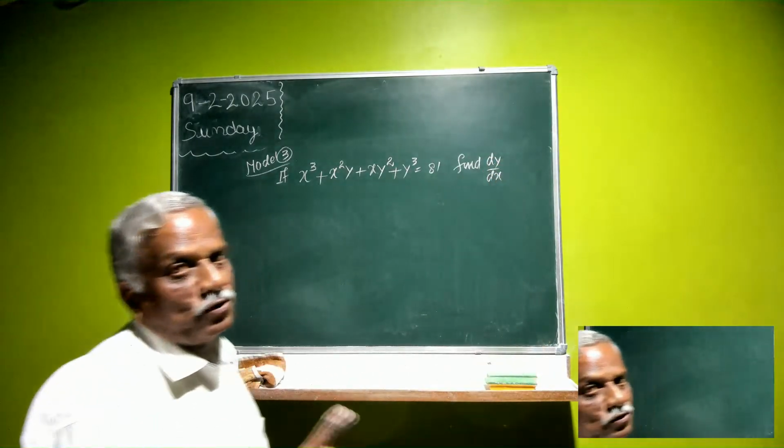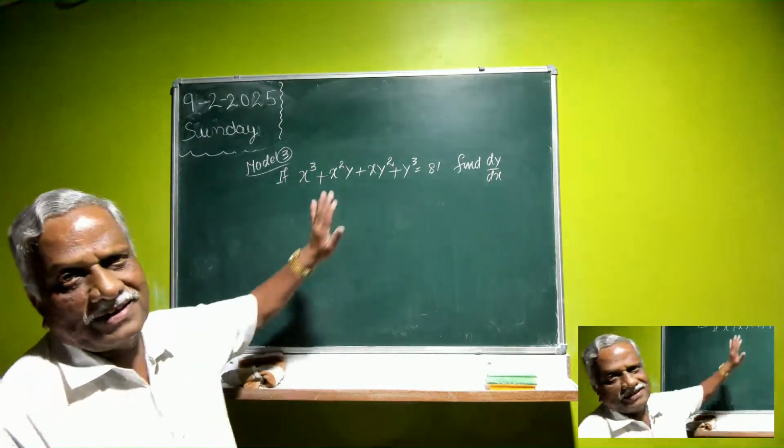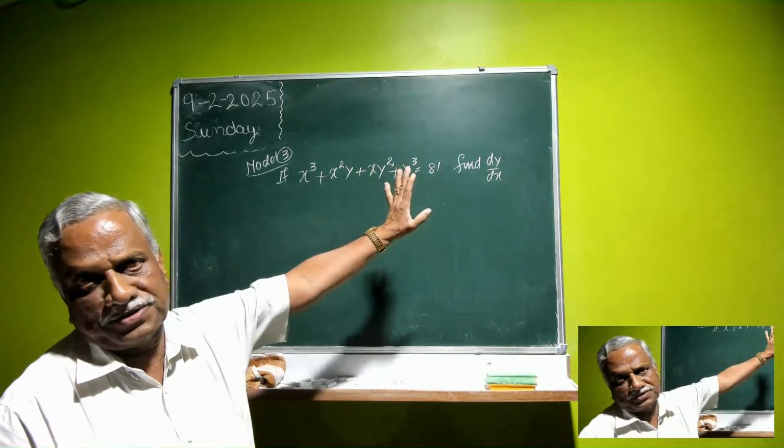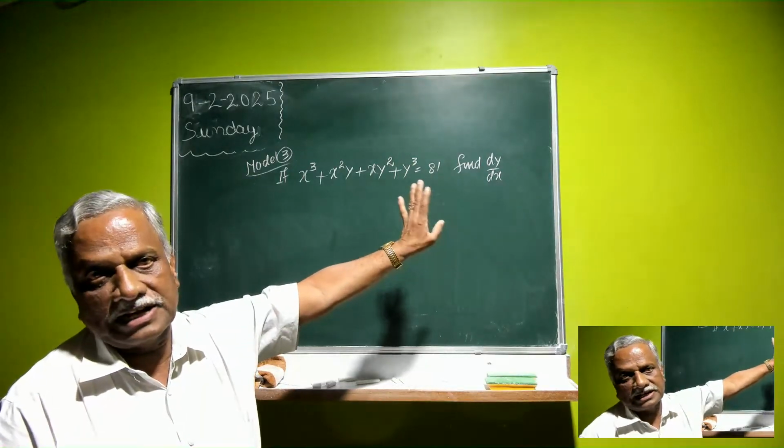The moment you see 3 or 4 terms, you think it's a big problem. Nothing like that. It's a very simple problem of implicit differentiation. The moment you see power on y or more than one y term, it's implicit.